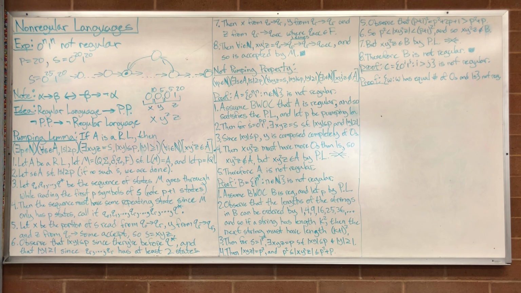Right? And is 0 to the 25, 1 to the 20 in this language? No. So we just barely proved that his machine is accepting strings that it shouldn't. We outlined the big idea for how we might do a proof. So he did not build a machine that recognizes this language.